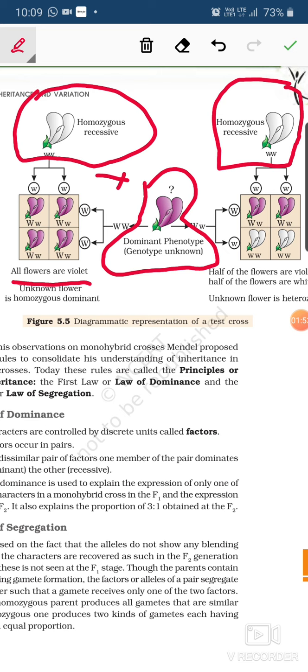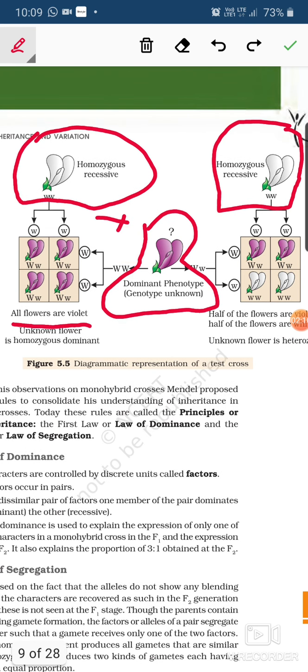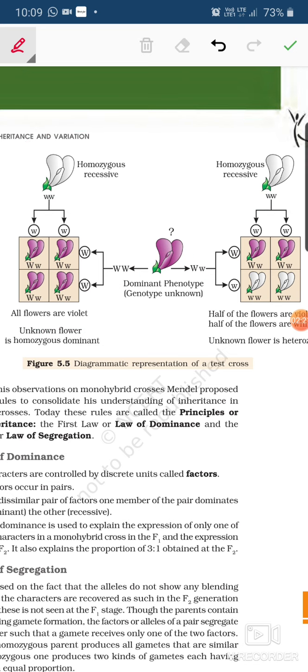This result indicates that the parent plant with the unknown genotype actually had the pure genotype, meaning it had capital W and capital W. So the result of this test cross will tell you the genotype of the parent plant with the unknown genotype.